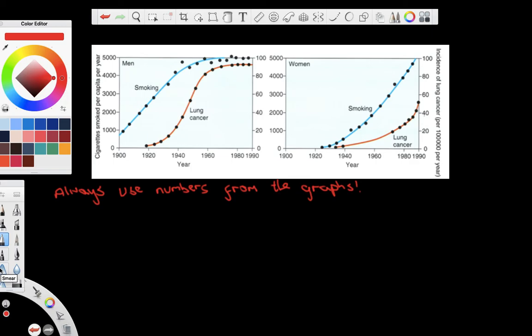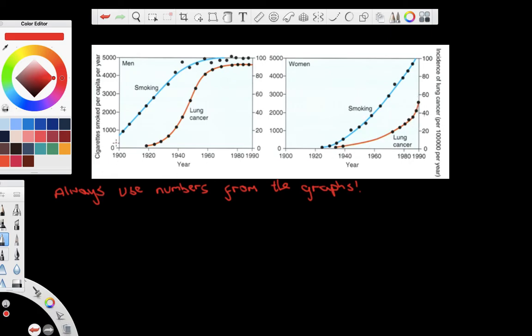So straight away, the first thing we can say by looking at these is that in men there is much more likelihood of getting lung cancer than there is in women. We can see this because lung cancer cases go up and then level off, whereas with women, they've only just started to rise.